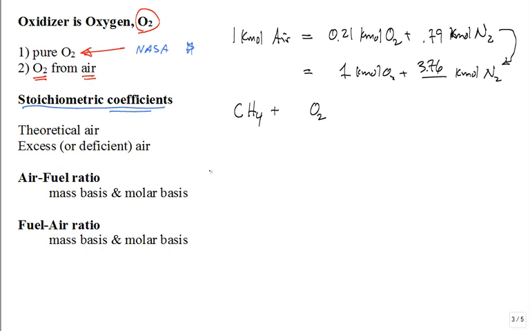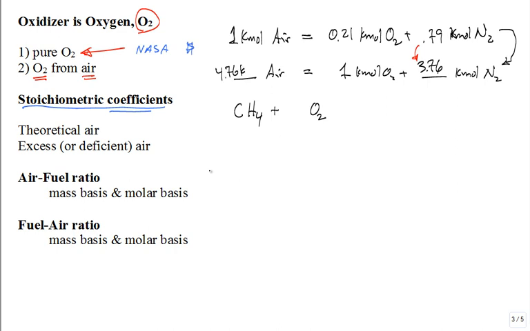So let's do this. If I want to get 1 kilomole of oxygen, I now know that I need 3.76 kilomoles of nitrogen tagging along, but how many kilomoles of air did I ingest into the whole system? It's 4.76 kilomoles.